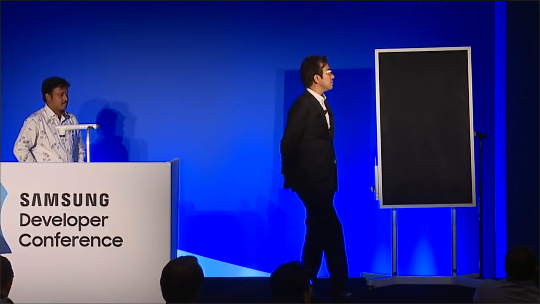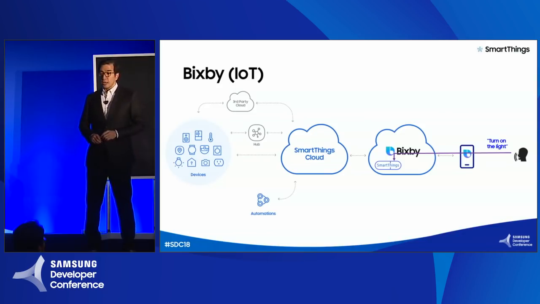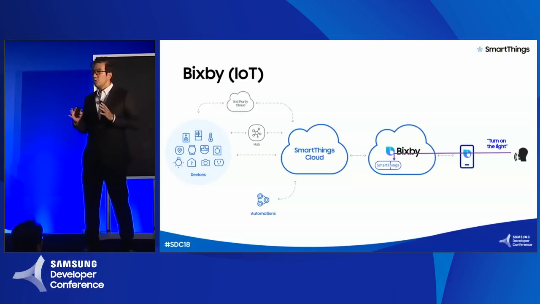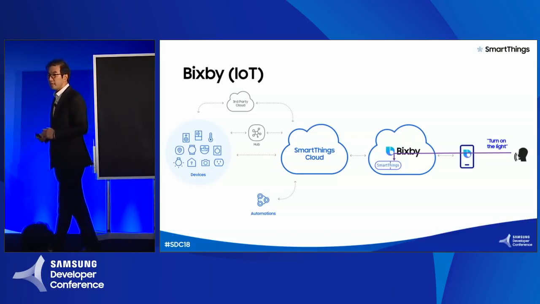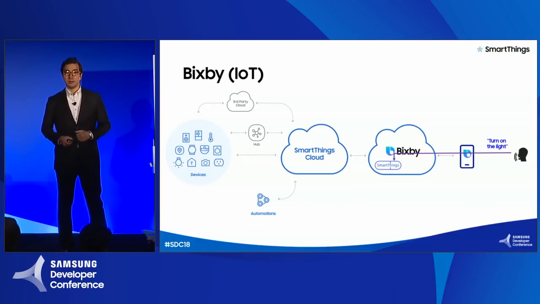So this is the weather case, but the SmartThings case is a little bit different, though almost the same. If someone says turn on the light, then this utterance goes to Bixby, and Bixby figures out this utterance is about controlling IoT devices. And there's the SmartThings capsule. At that point, Bixby knows what devices and what features these devices have for the user.